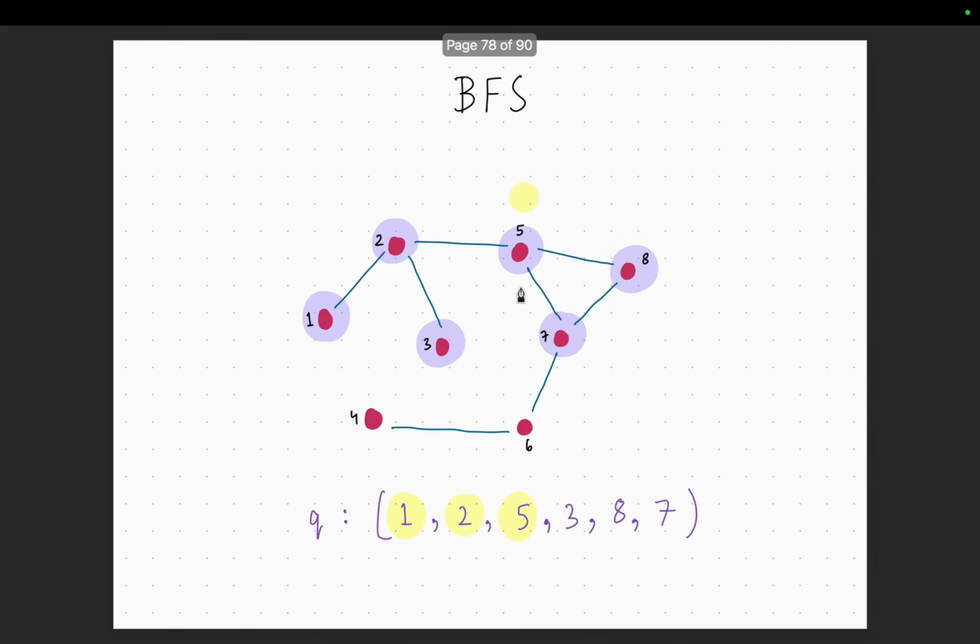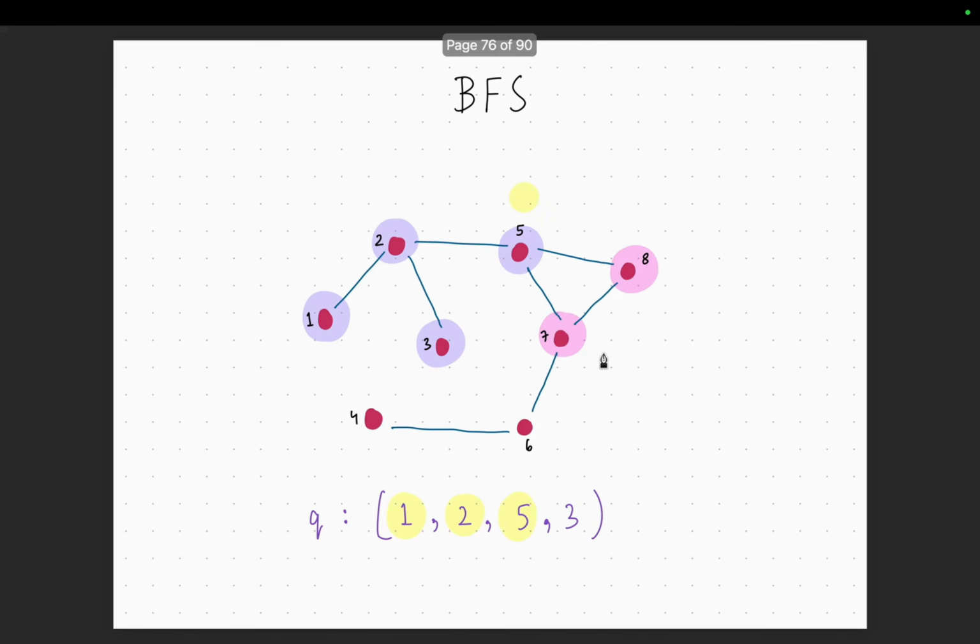So since you visit each vertex only once, you can visit each edge only twice, because you can either visit from one vertex corresponding to the edge or the other vertex. There's no other way you could ever traverse to any edge. So that's why the time complexity is O of V plus E in BFS.